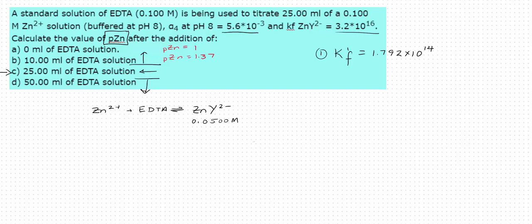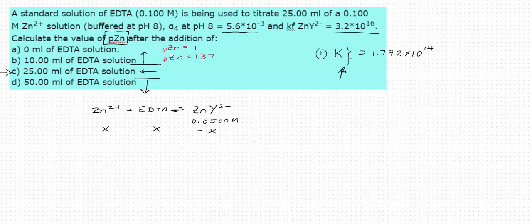Now we can work our equilibrium. Remember, when we have a Kf, that is a formation constant. We are forming that complex. So we need the ions on the reactant side and we need the complex on the product side. We have this concentration of complex, but we need to shift our equilibrium. We will shift it by some value x that we don't know.